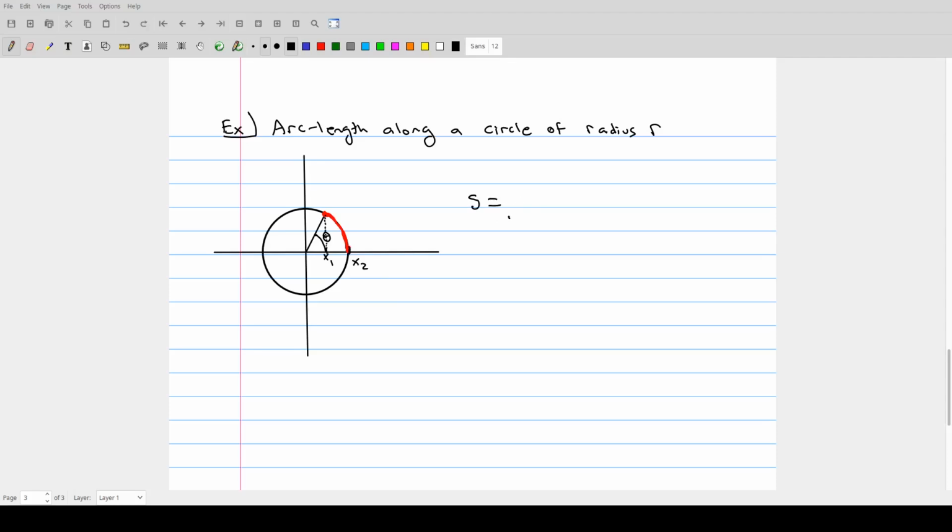And just like before, the arc length is the integral from x1 to x2 of the square root of 1 plus f prime of x squared dx, where f is the y function, or the y coordinate on the circle for this part of the circle.